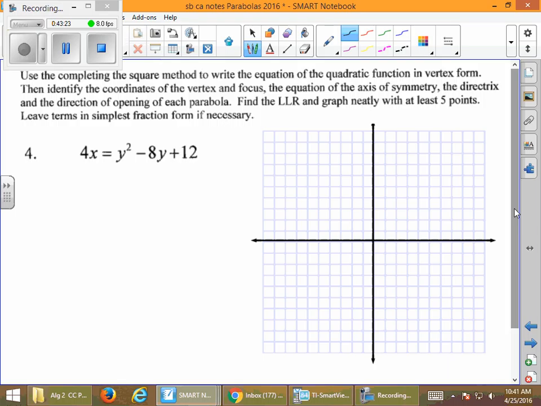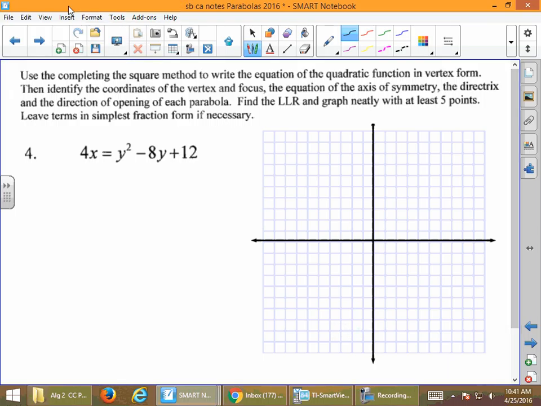So, as we complete the square here one more time: use the completing the square method to write the equation of the quadratic function in vertex form. We haven't done completing the square for a while, so we probably need a little bit of a review on that.